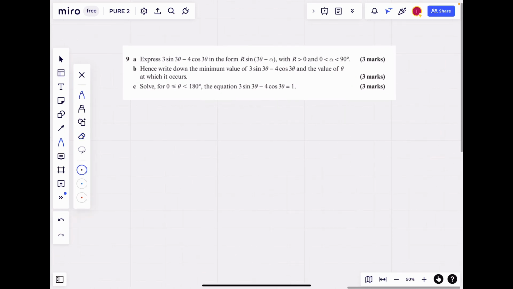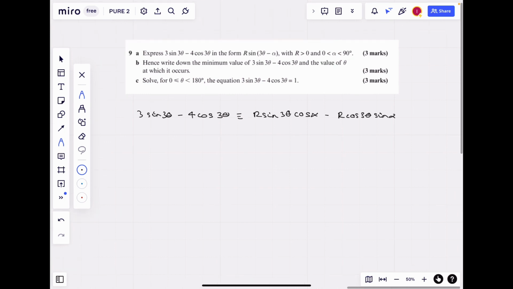So we're going to make 3 sine 3 theta minus 4 cos 3 theta equal to r sine 3 theta cos alpha minus r cos 3 theta sine alpha.